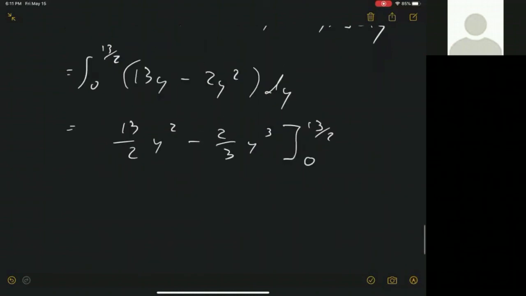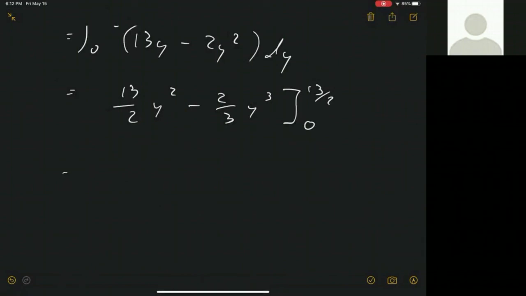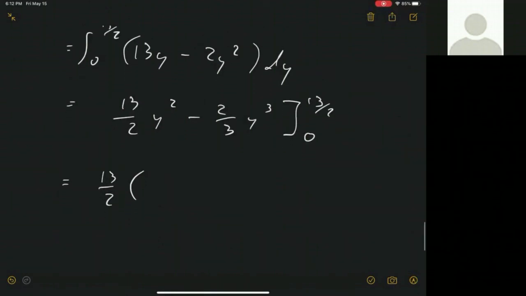This is messy, like a lot of the WebAssign problems. Plugging 13 over 2 in, I got a 13 over 2 out front, and then I got 13 over 2 squared, which is 169 over 4.